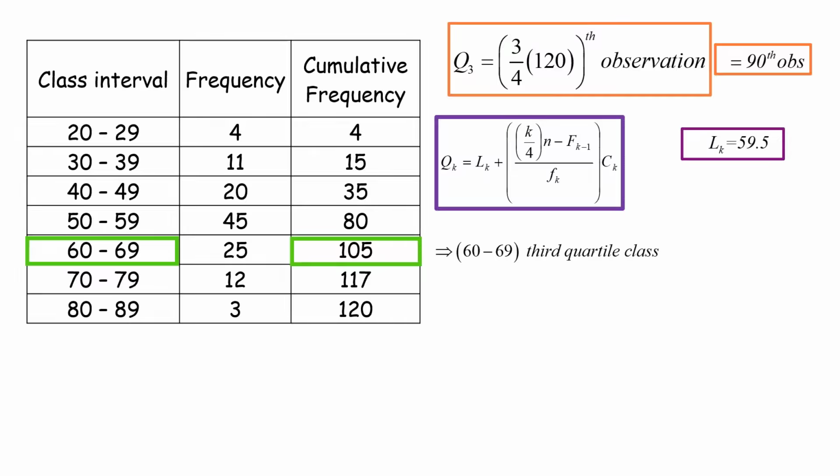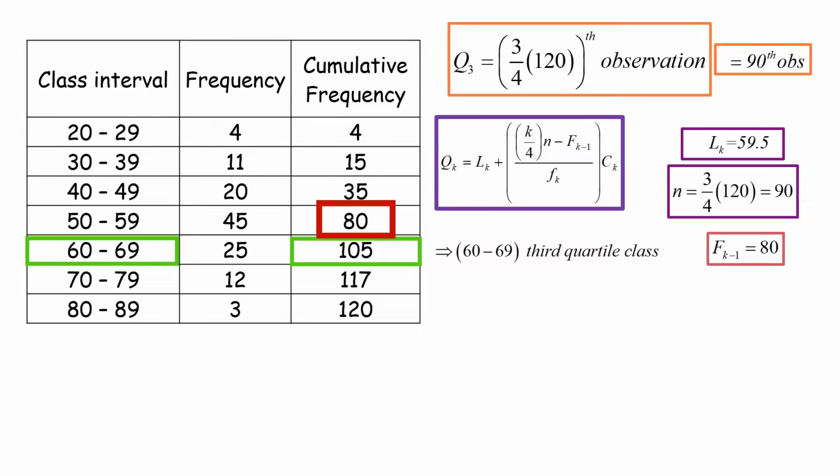Similar to the median and first quartile formula, we need to find the value of Lk, the lower boundary of the third quartile class. The lower boundary of the third quartile class is 59.5. The value of 3/4 multiply 120 is 90. Cumulative frequency before the third quartile class is 80.